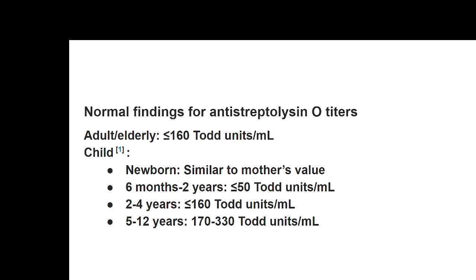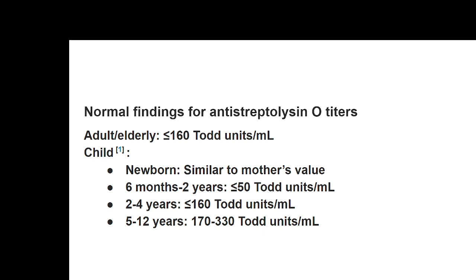They do not give a value that is variable to the age, but ideally there could be a significant variation in the ASO titer according to the age. In the newborn, the rule is it's the same as that of the mother. At 6 months to 2 years, it's less than 50 units. At 2 to 4 years, 160 units. At 5 to 12 years, 170 to 330 units.